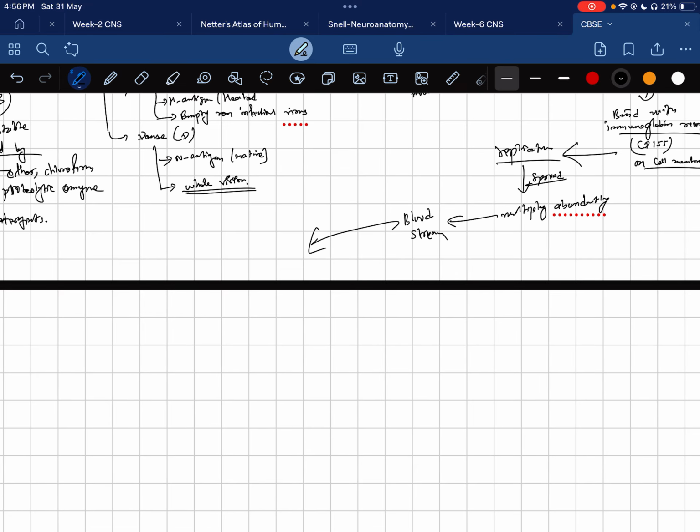After the bloodstream, its multiplication occurs in the reticuloendothelial system.